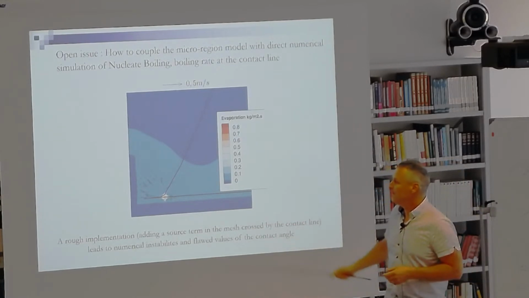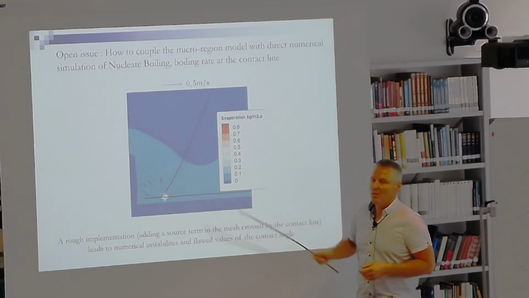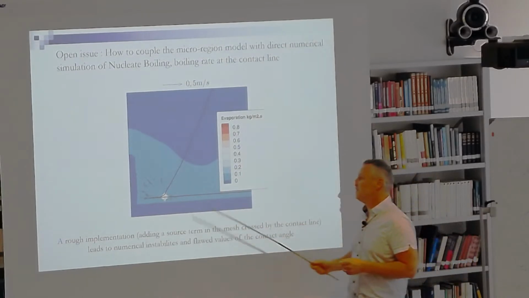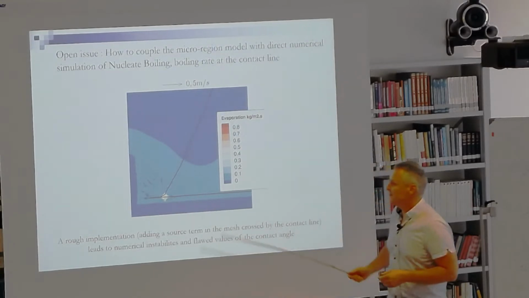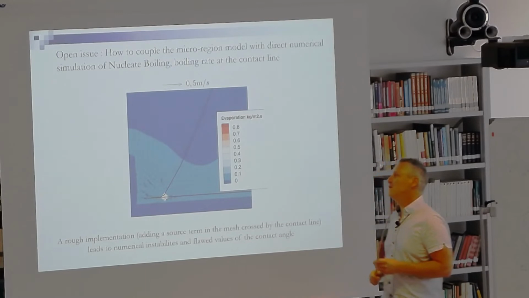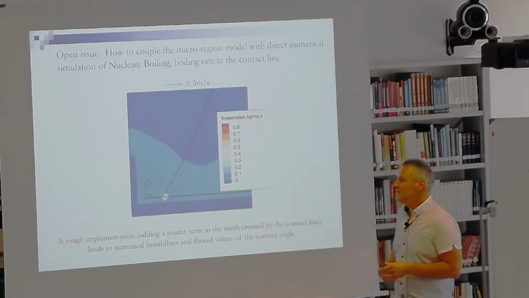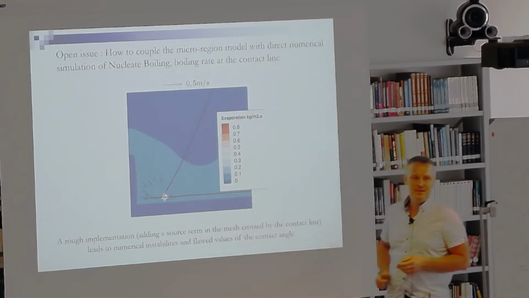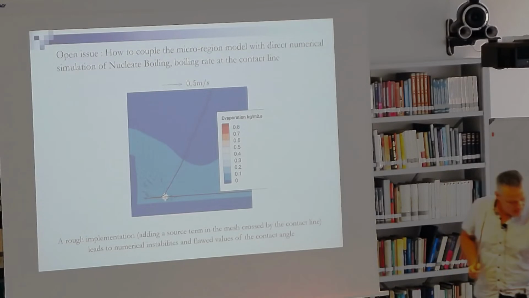And what we observe is just a red spot which is much higher than other points. And as a result there are a lot of numerical instabilities and difficulties to impose the correct value of the contact angle at this point, because the heat flux is so discontinuous along the interface. The mass flow rate is so discontinuous along the interface.